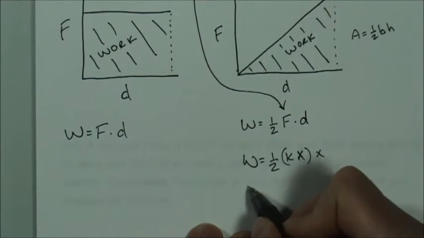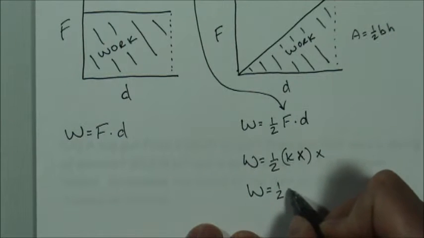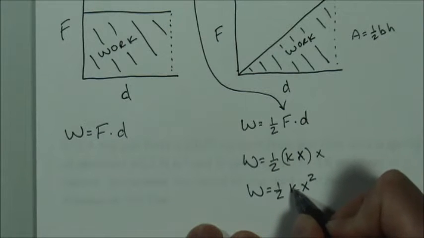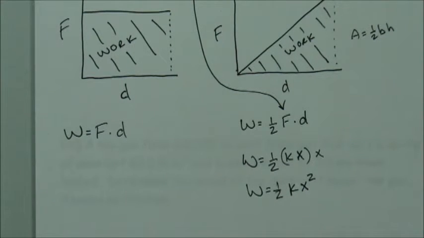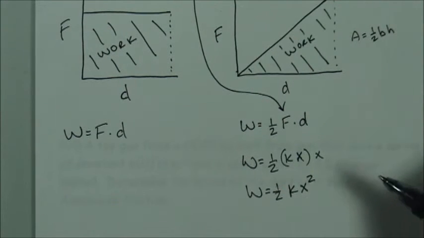And so we end up with a new version of the equation. This is for elastic energy, that it is 1/2 kx squared. So a little bit like the kinetic energy formula, 1/2 mv squared, but in this case 1/2 kx squared. K being the spring constant, essentially a measure of the strength of the spring, and x being the displacement of the spring.